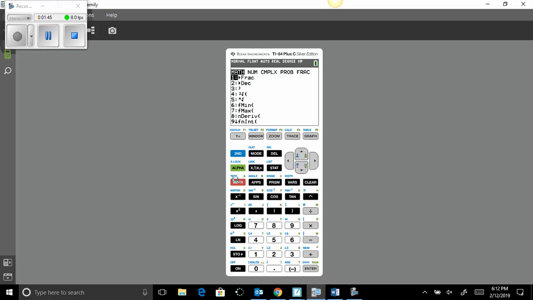Hit the math button and go down to number 5. It doesn't have an index there, so we want to put a 4 as my index. Use your over arrow, and then put the 81. What number multiplied by itself 4 times gives me 81? If we hit enter, my answer is 3.